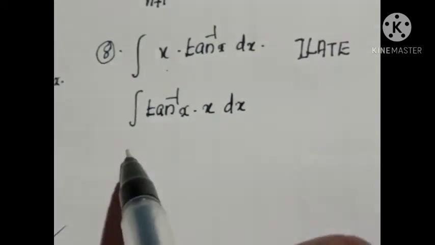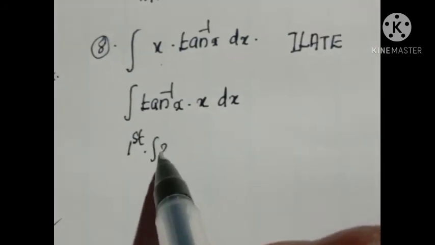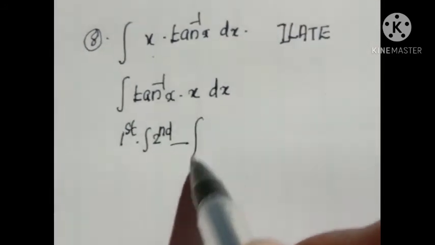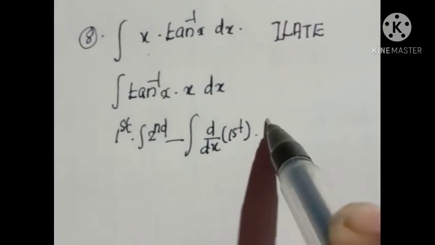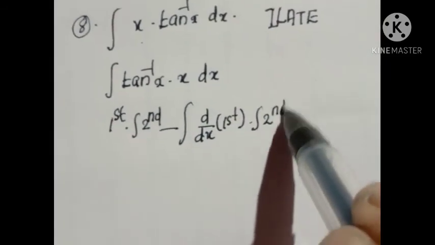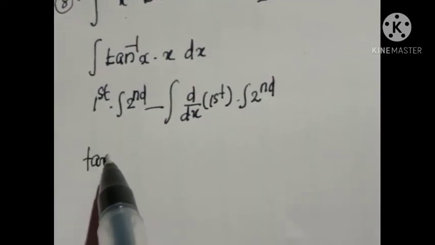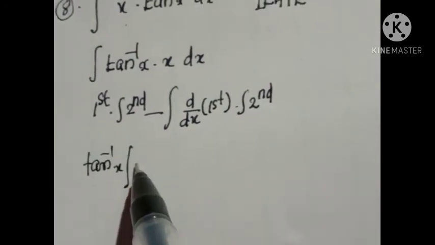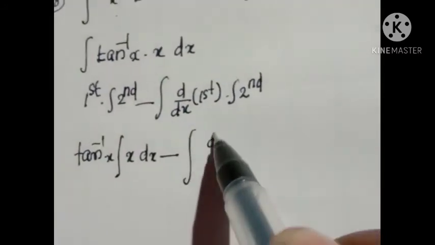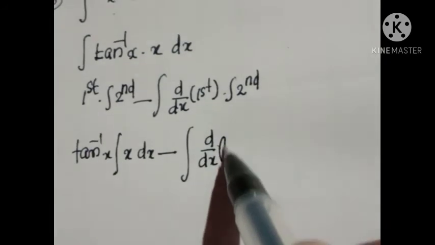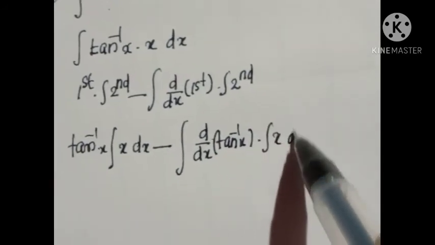Now integrate by parts. So first into integral of second minus integral of derivative of first into integral of second. Replace first function as tan inverse x, second function as x, minus integral of derivative of first function into integral of second function.